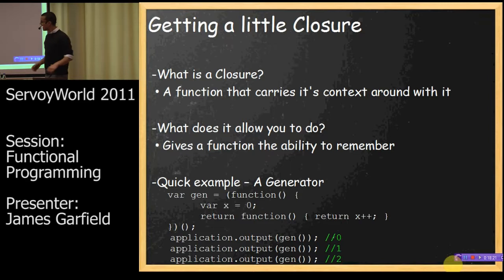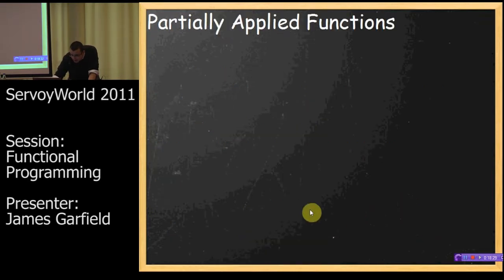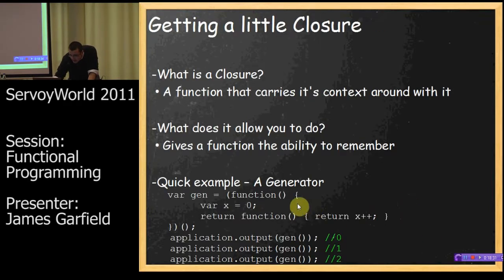So we have something a little complicated here. We define a function, and what this function does is it has a variable x, sets it to 0, and then it returns another function that when you call it, returns x and then increments it.